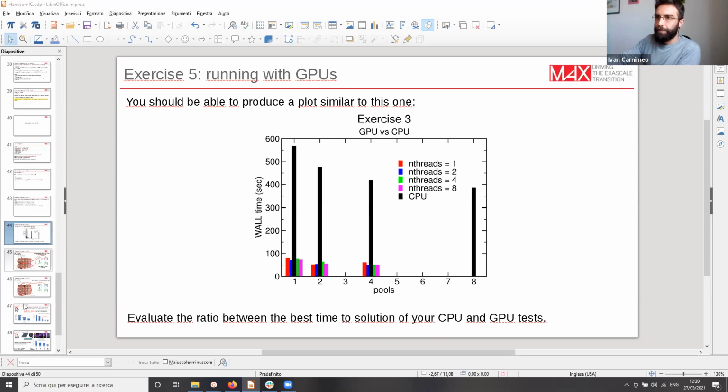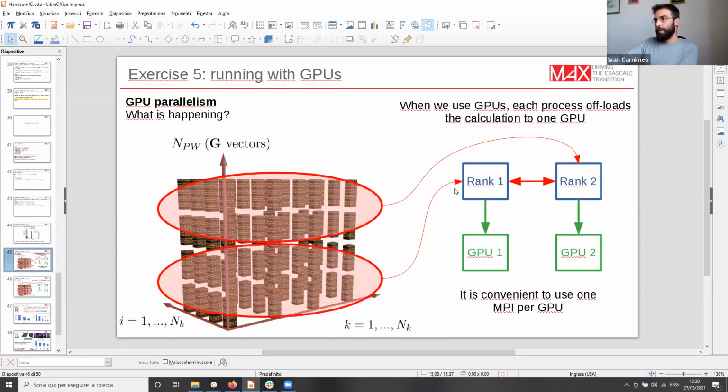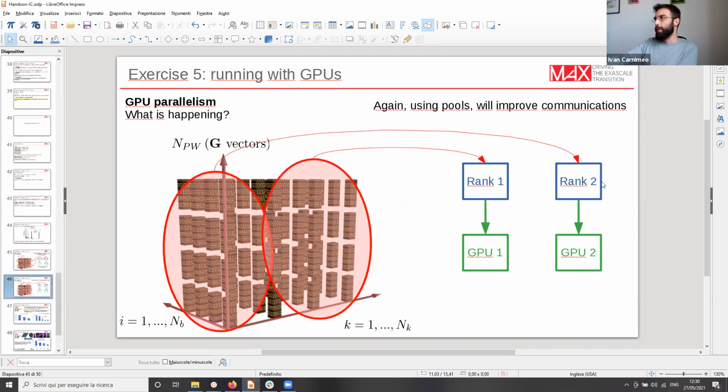Again, what I said regarding pools is true even for GPUs, because if you distribute the wave function along plane waves, then the MPI processes will need to communicate with each other. Using pools, the communications are reduced.